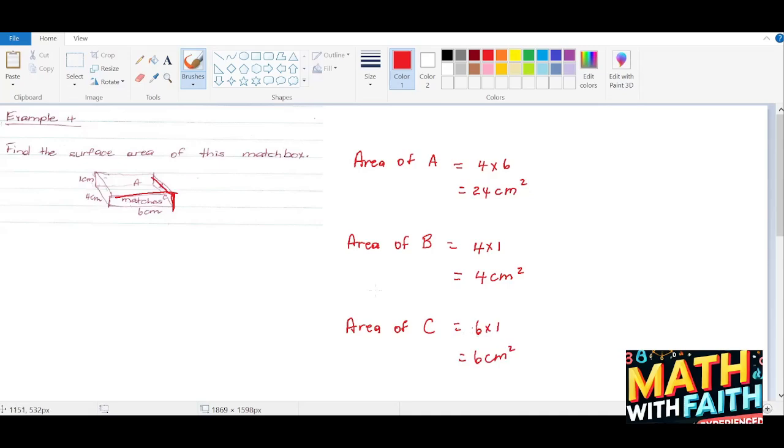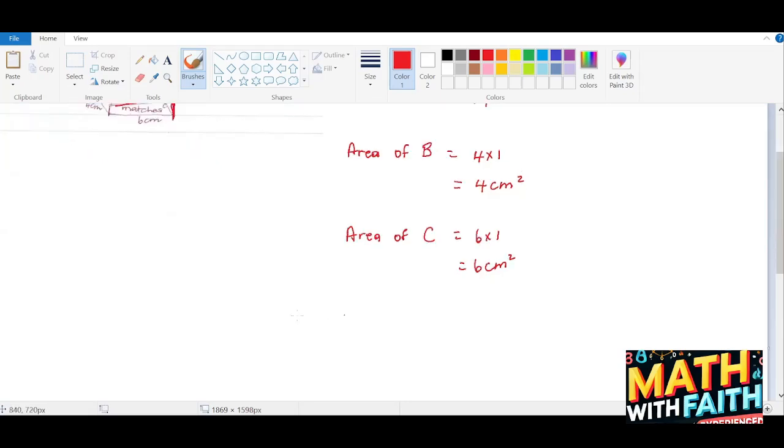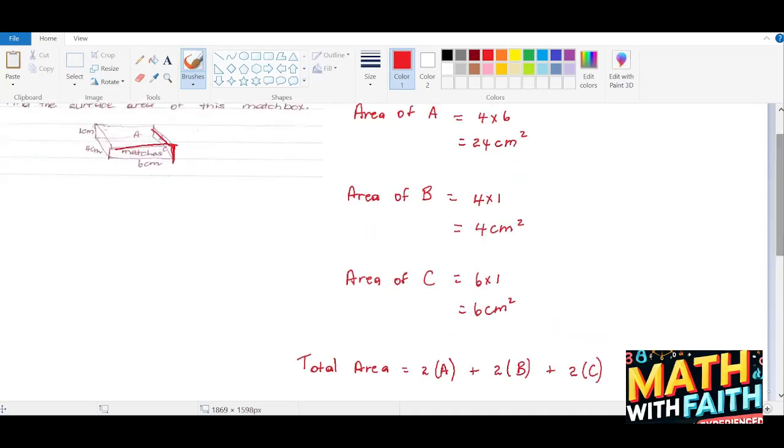Now, as I stated before, there are 6 areas. We only need to calculate the area of 3 of them because the others are the same, right, in value. So the total area will be equal to 2 by the area of A, plus 2 by the area of B, plus 2 by the area of C, because there are 2 faces with those same areas.